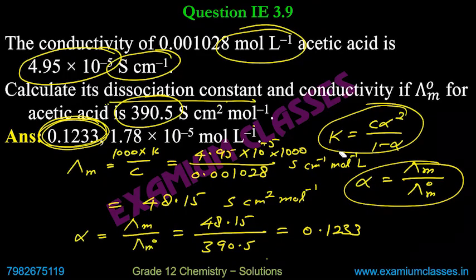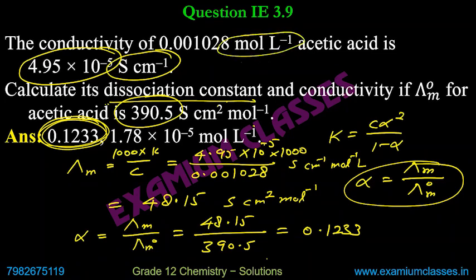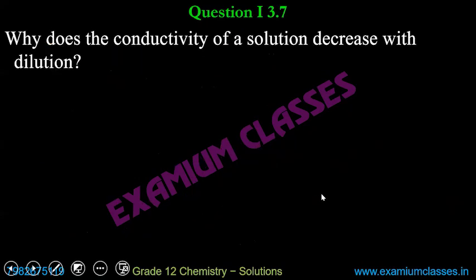Concentration C is anyway given in mole per liter, so you substitute the same thing here because the concentration is used in mole per liter. So that's something you can do.